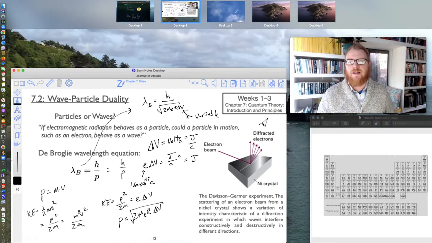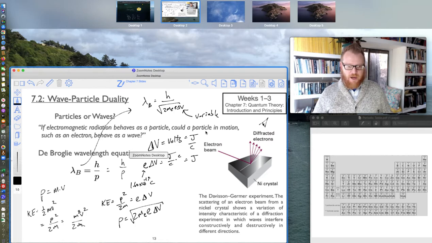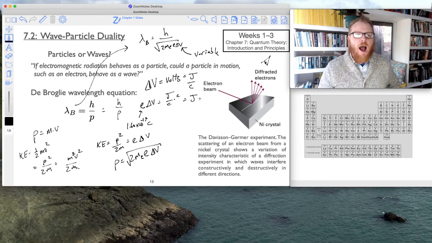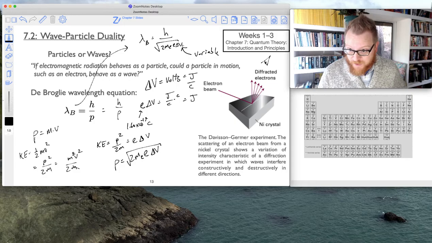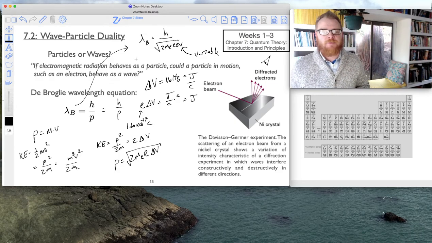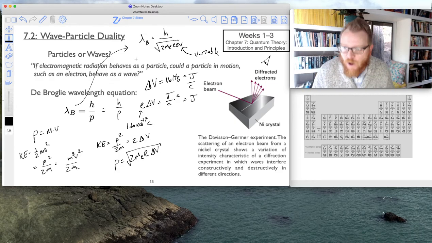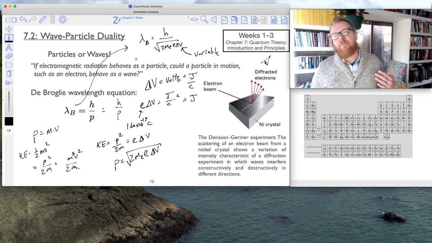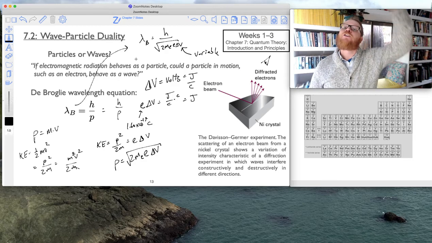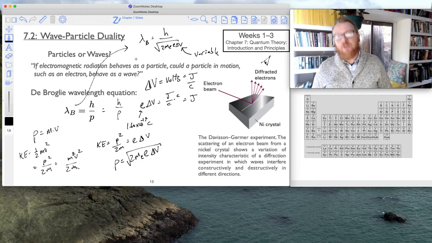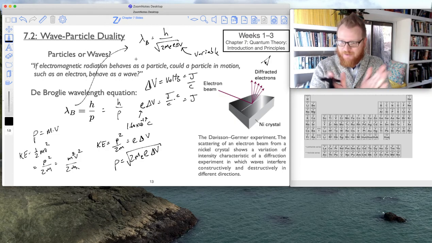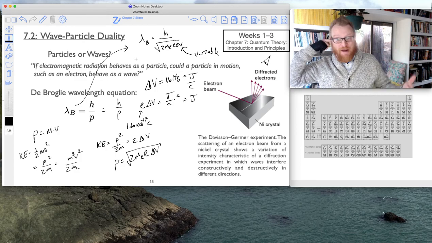The goal is to find a voltage that will give us a de Broglie wavelength on par, in the same scale as the space between atoms, thus allowing the electron beam to transmit between the atoms and diffract and give us that diffraction pattern.